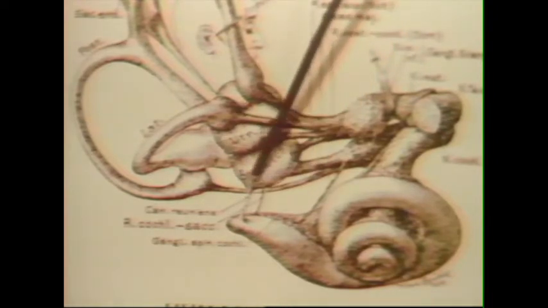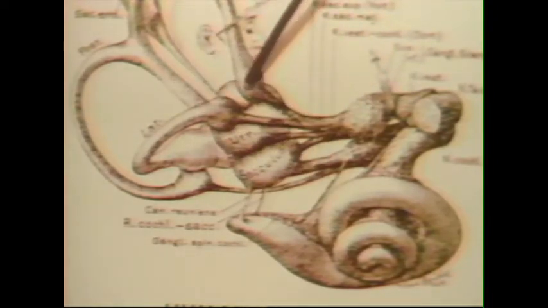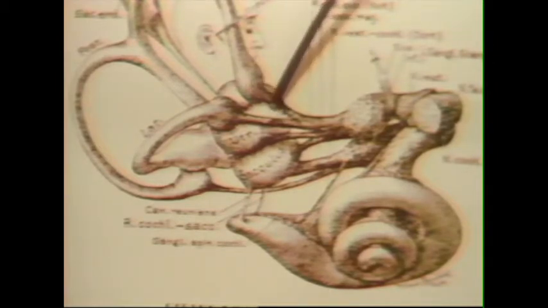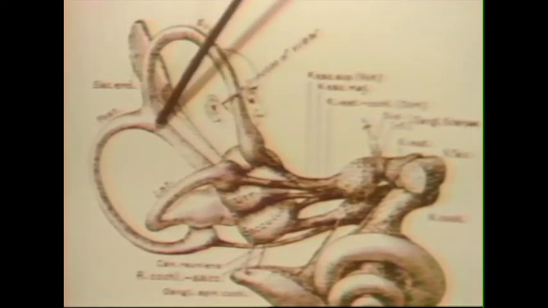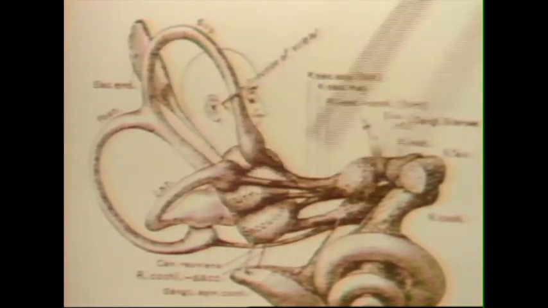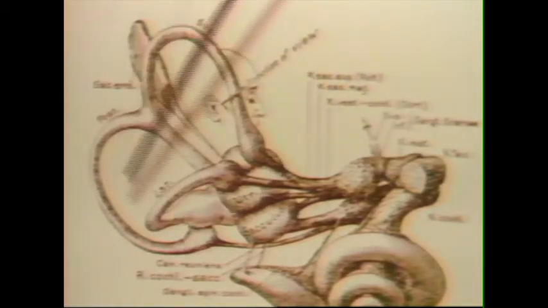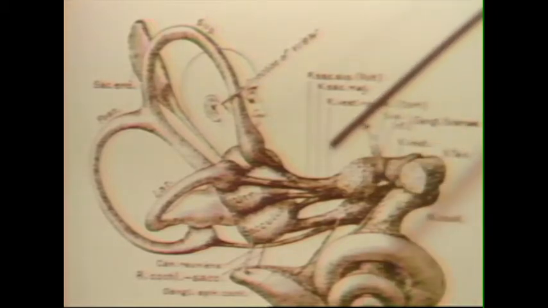This is an area of ignorance. But we do know about these three structures, which are the semicircular canals, which form, you see, organs in a horizontal plane and in two vertical planes at right angles to each other, so that in reality one can detect movement in any plane.